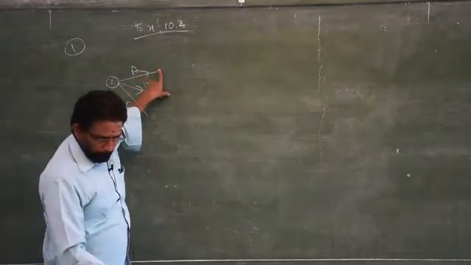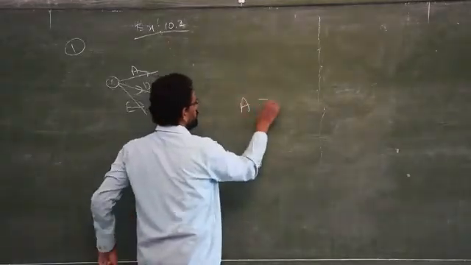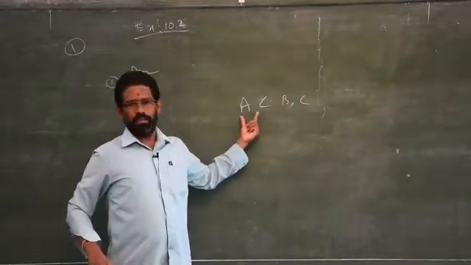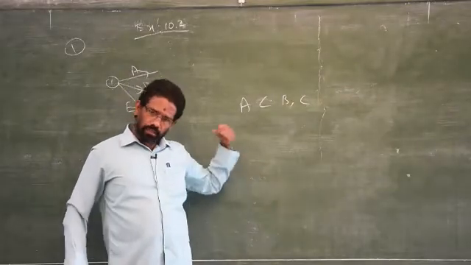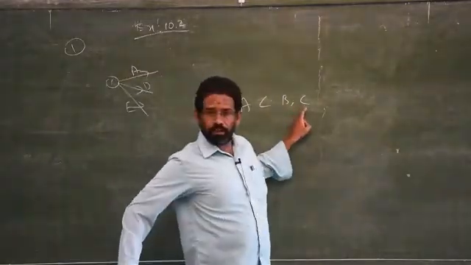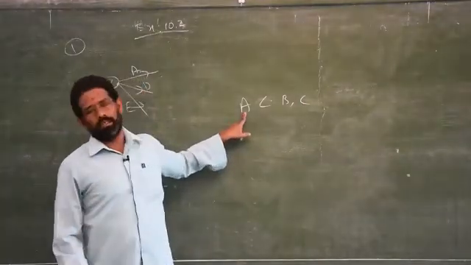See that, B and C. A is given like this: A < C, which means this is smaller and these two are greater events. According to PERT, the B and C activities start only after completing activity A. That is the meaning.